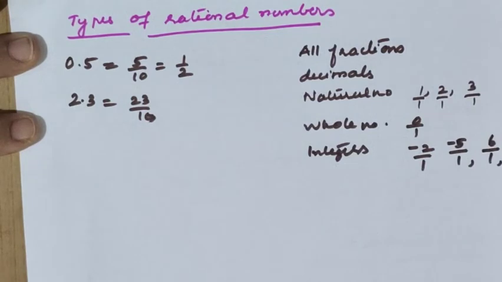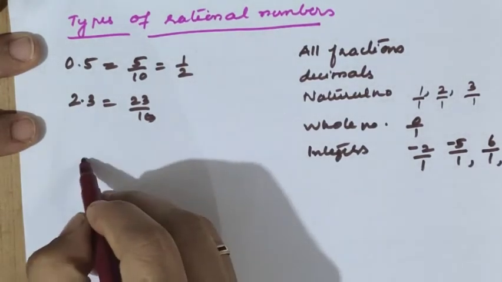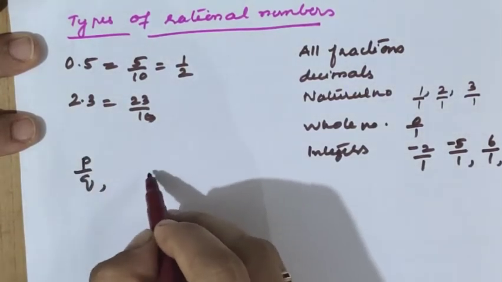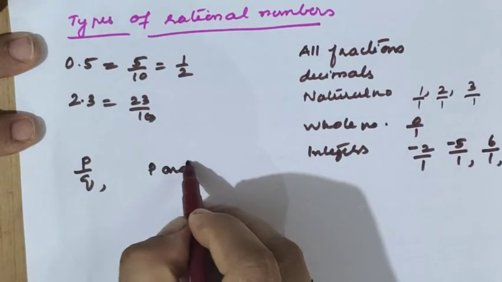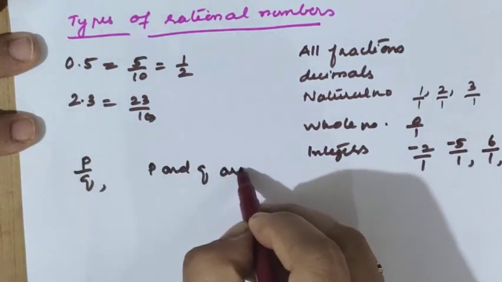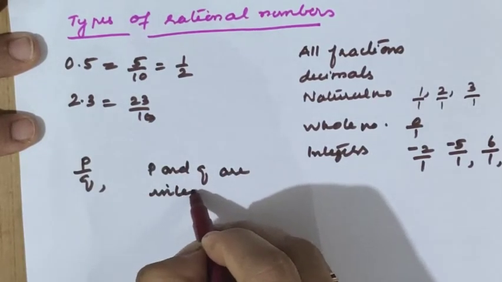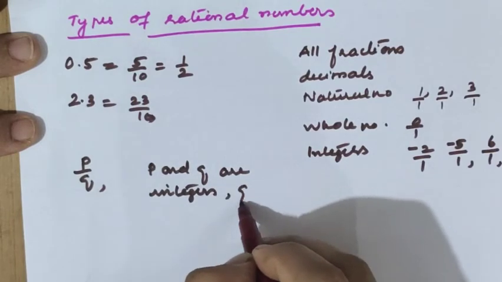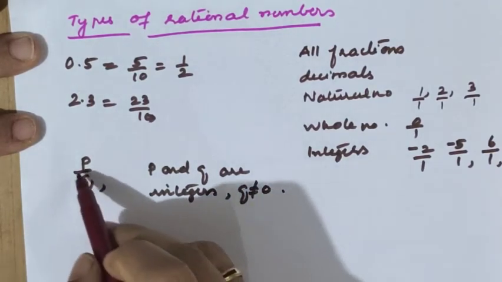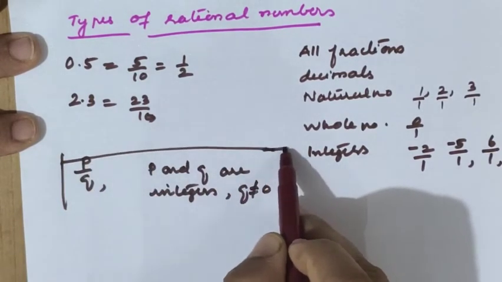All these can be written in the form p by q, where p and q are integers and q is not equal to 0. I repeat, the definition of a rational number is a number that can be expressed in the form p by q, where p and q are integers and q is not equal to 0. So we should know the definitions correctly.